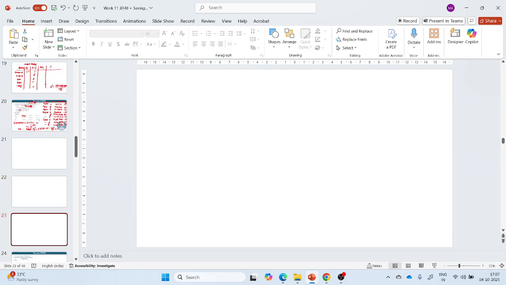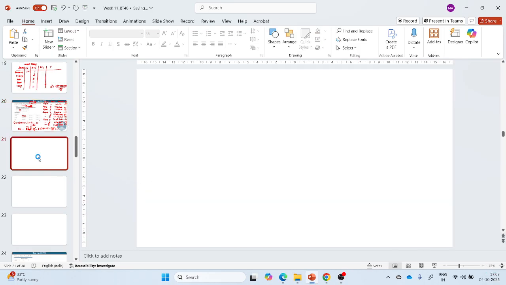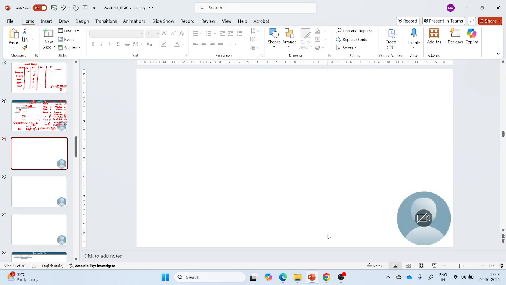This problem I'll solve, and then the next problem I'll just explain. I think this calculation we should do in some programming language like MATLAB, because it's a very lengthy problem.